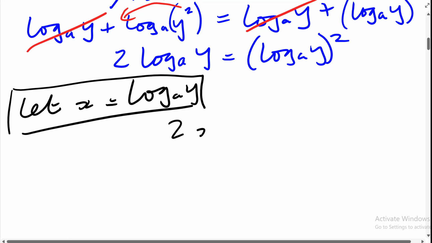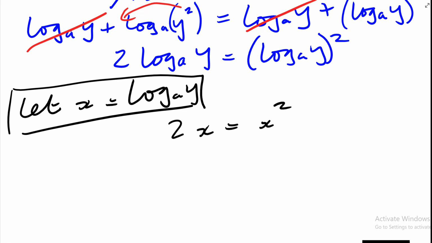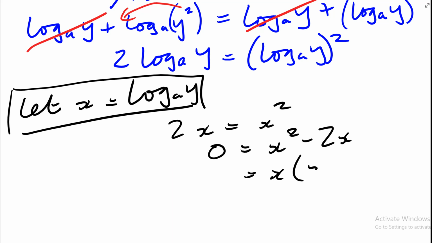So then you've got 2x equal x squared. Now it's important not to divide by x or you lose a solution. So I would do it like this, minus 2x, and you've got x minus 2. So then x equals 0 or x equals 2.